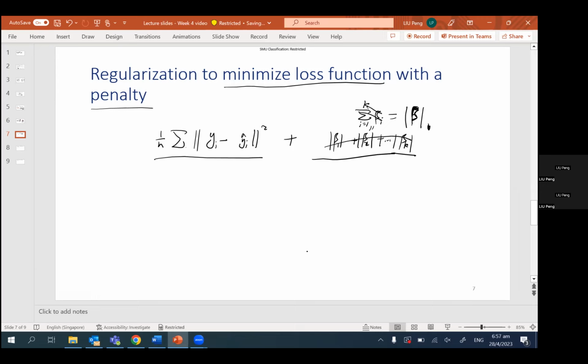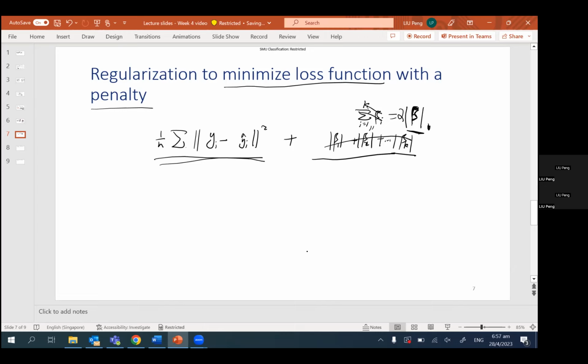All right, and we usually add an additional penalty weight. This is a hyperparameter called alpha. Again, you see that we want to minimize the empirical loss, but we also do not want the betas to be very big.